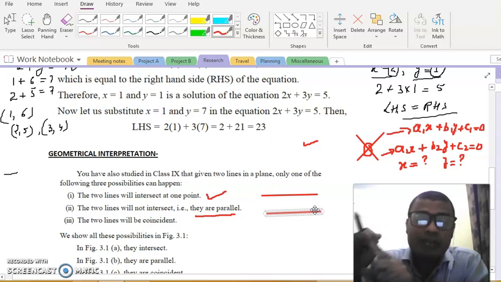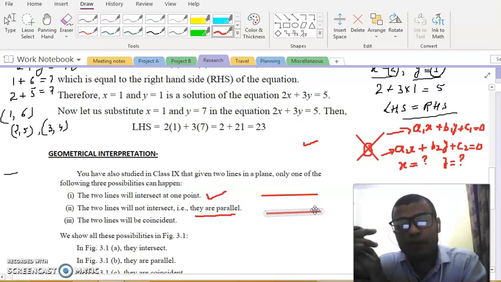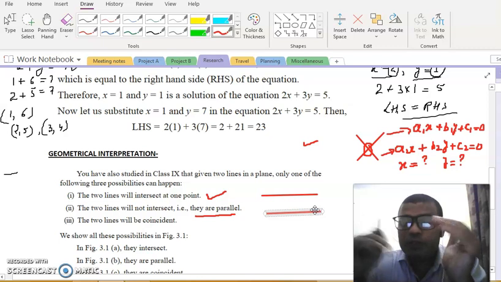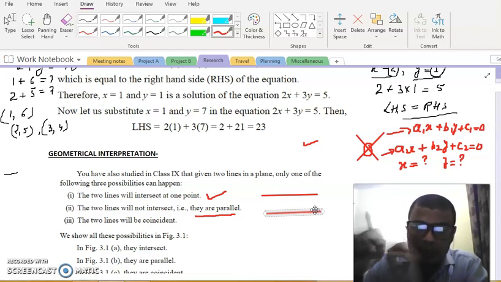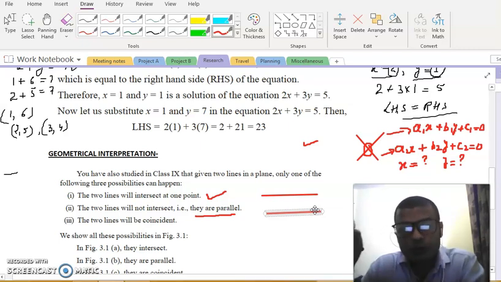Until they intersect, you cannot find the values of x and y. As the lines are parallel and not meeting, no solution exists. In that case, you leave the question and write the statement: no solution exists as the lines are parallel.